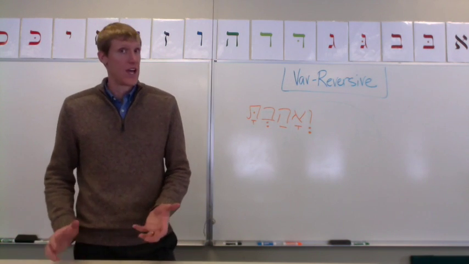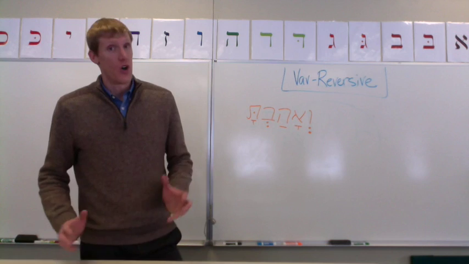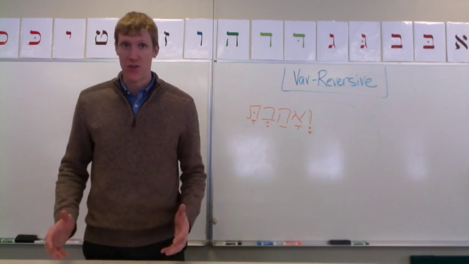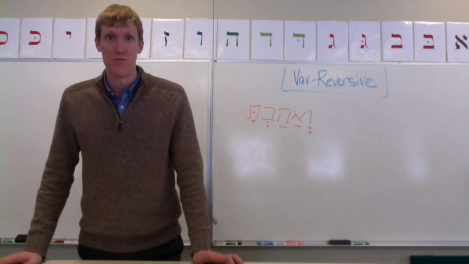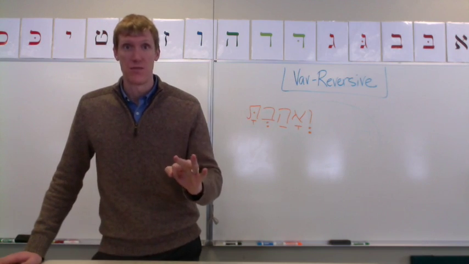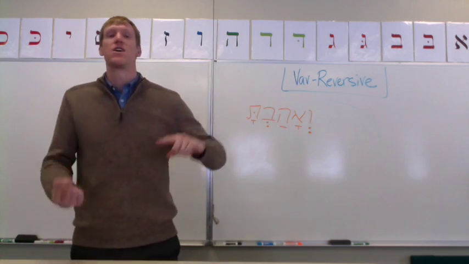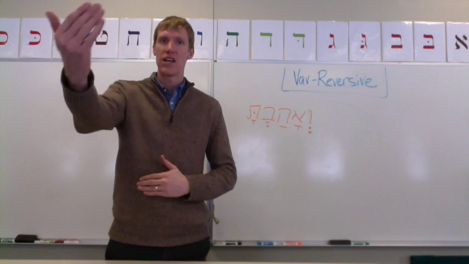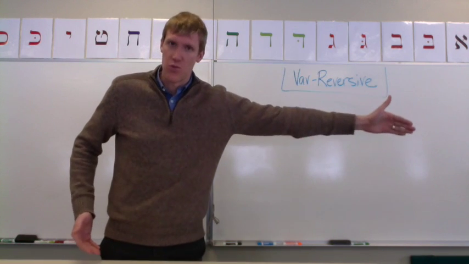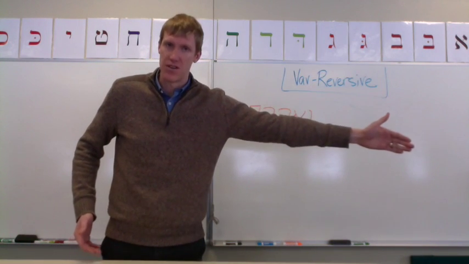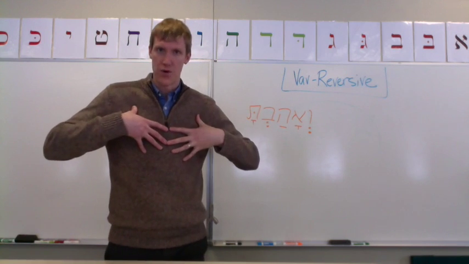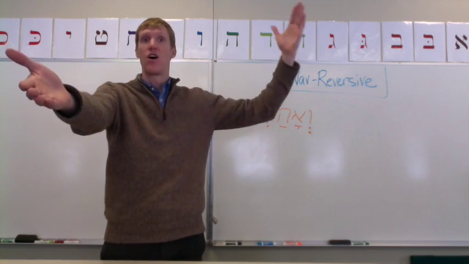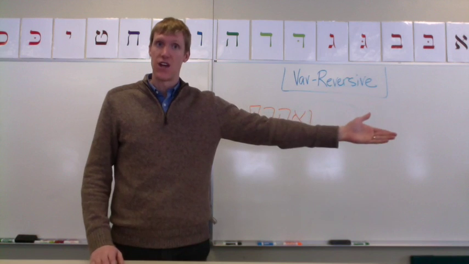Almost every Vav-Consecutive form is going to be in the third person, because the narrator is always referring to someone else, telling the audience about something someone did or something that happened, right? Which is one person telling another person about a third person, right? So that's third person form.